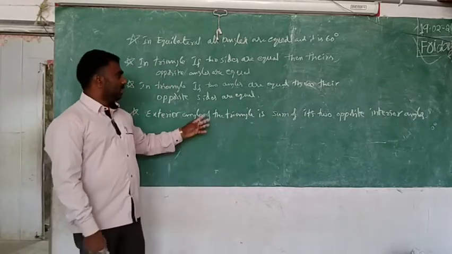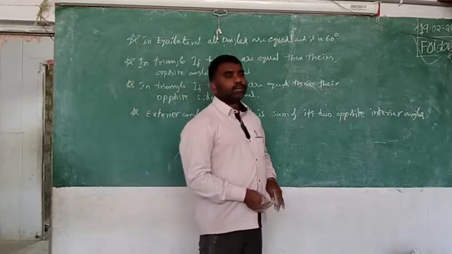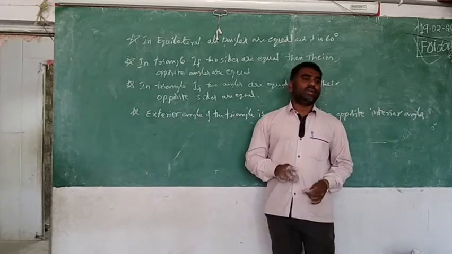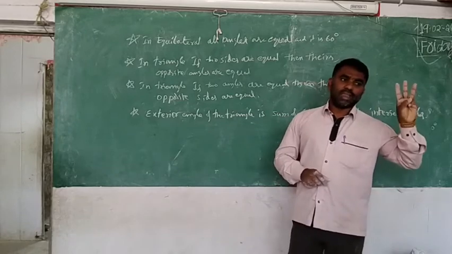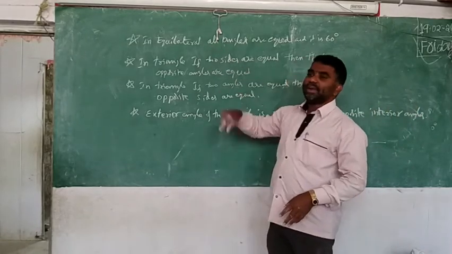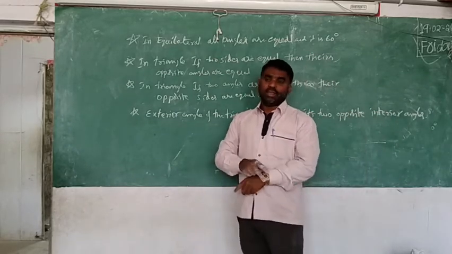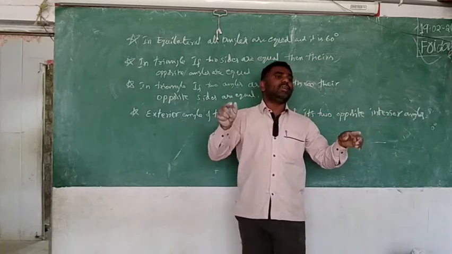Okay, this is the fourth property. Totally 7 properties you have read. Sum of two sides is always more than the third side. Difference between the two sides is always less than the third side. Sum of the three angles is equal to 180. In an equilateral triangle, all angles are the same, that is 60-60-60. In a triangle, if two sides are equal, their opposite angles are equal.